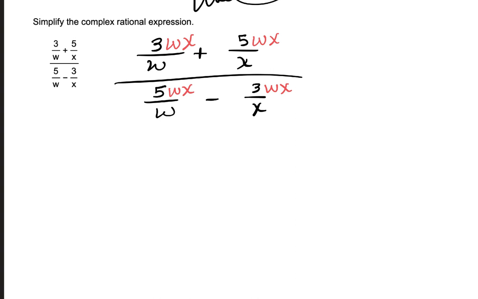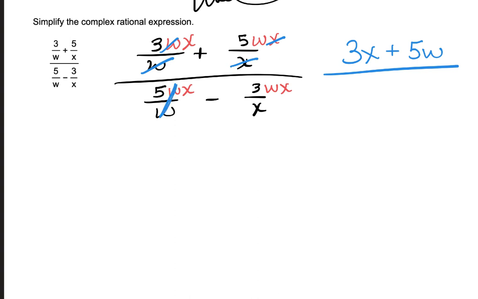Hope that's kind of clear. You can do all of that. If you choose the right thing to multiply by, you should be able to cancel out. I'll do it in blue. So see that w crosses out and leaves you 3x. And this one, the x cancels. Leaves you 5w. Everybody good with that? And then on the bottom, same thing.